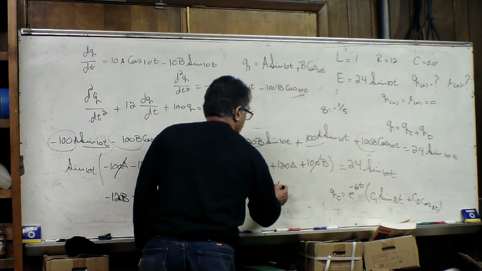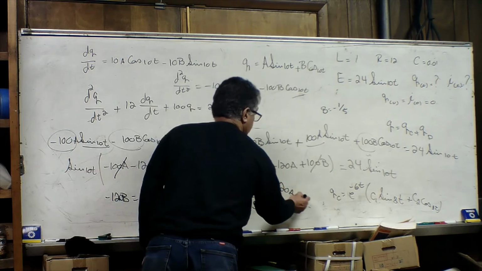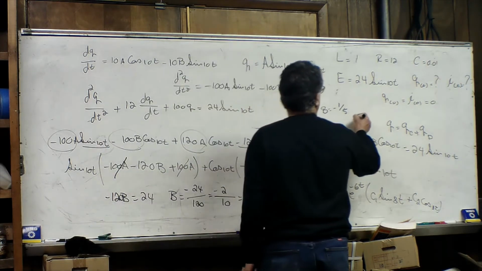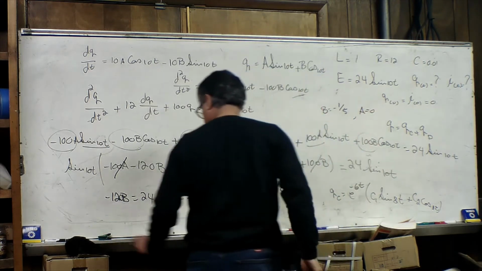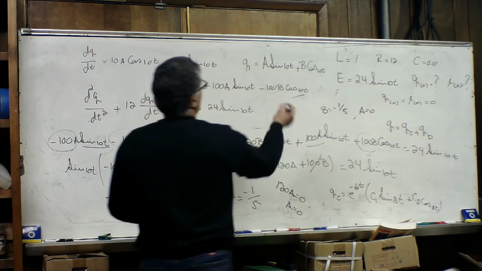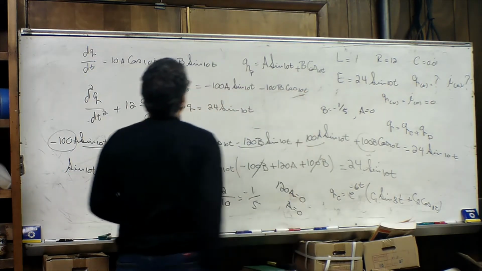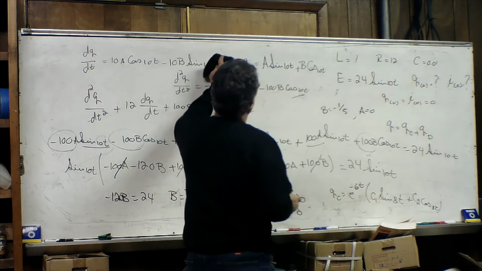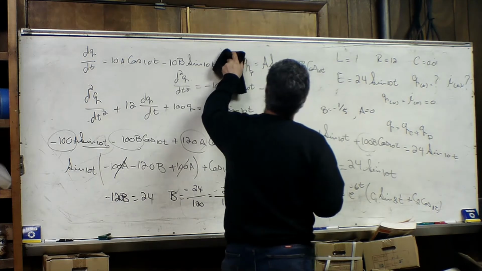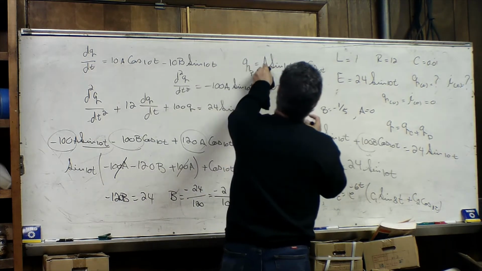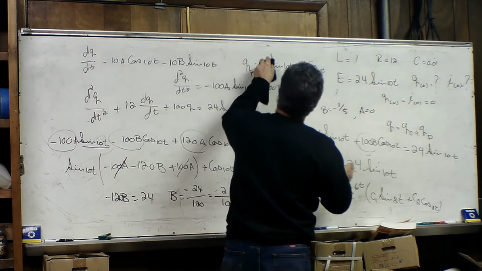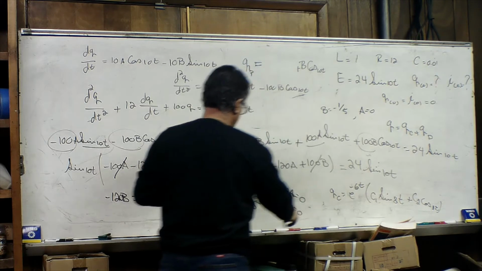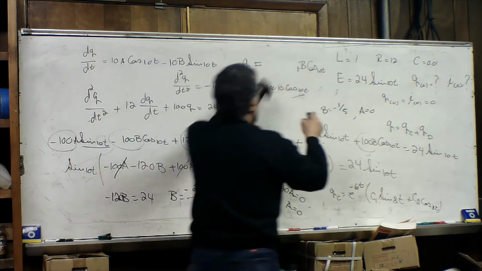And again, on the right side of the equation we do not have any cosine of 10t, so the coefficient of the cosine is equal to 0. So 120a must be equal to 0, so a will be equal to 0. We had assumed a particular solution in that form, so our particular solution for the non-homogeneous portion will be a, which is 0, plus b, which is minus 1/5, times cosine of 10t.